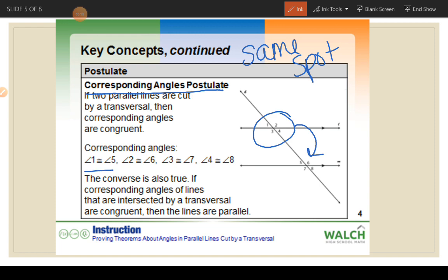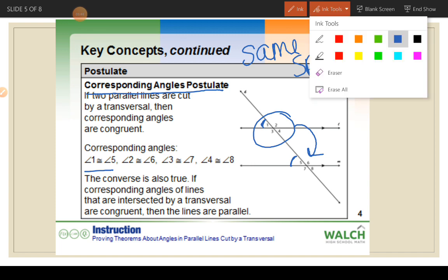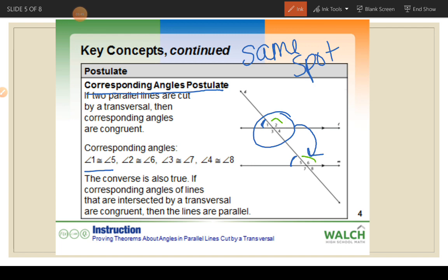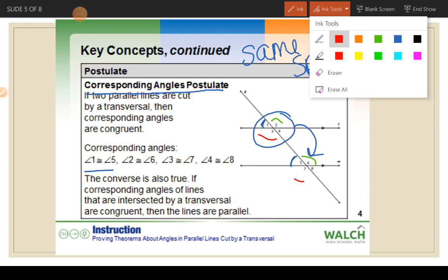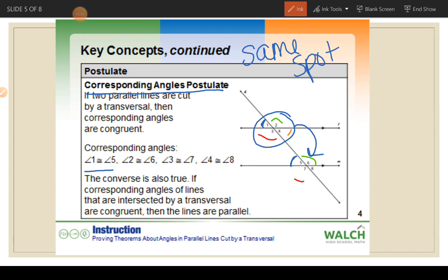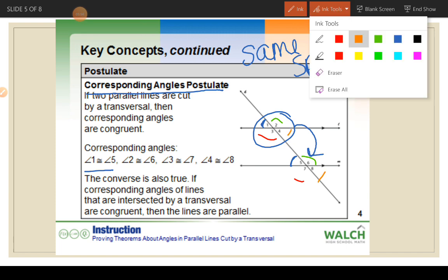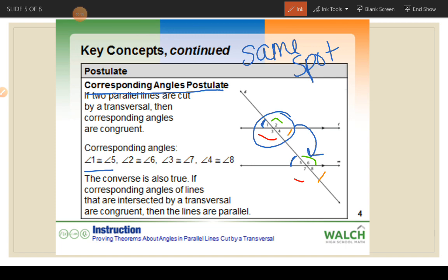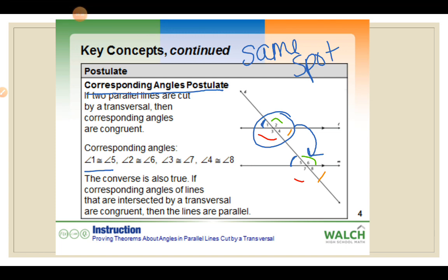So angle 1 and angle 5, so this angle and this angle, those are in the same position. So those are called corresponding angles. And then angle 2 and angle 6 are corresponding angles, 3 and 7, and then finally 4 and 8 are corresponding. Again, they're corresponding because they're in that same position if I picked this up and moved it.